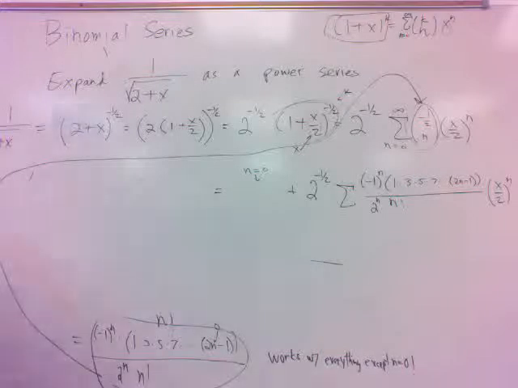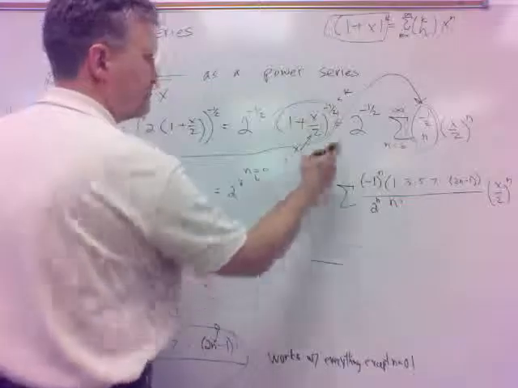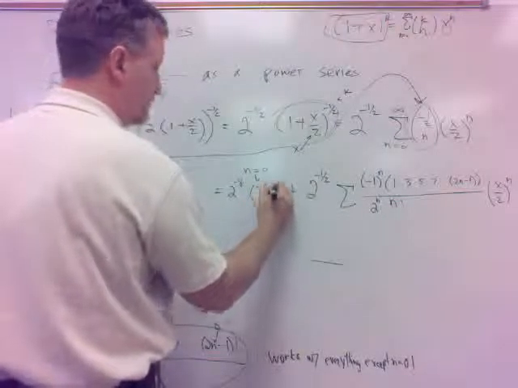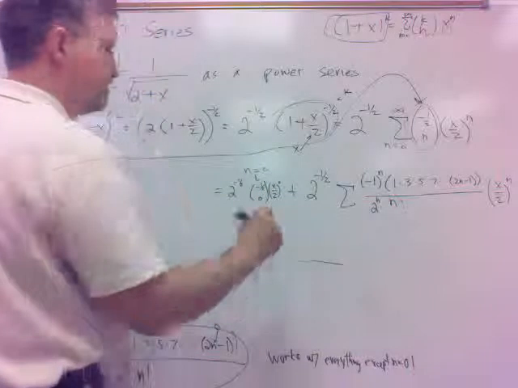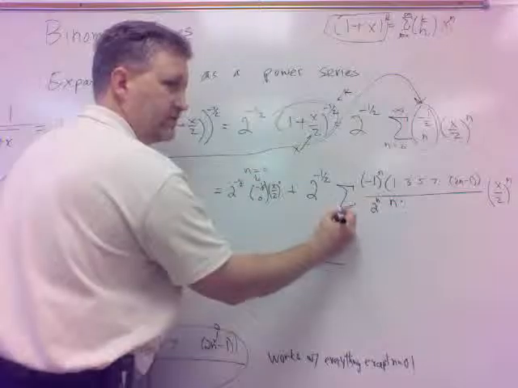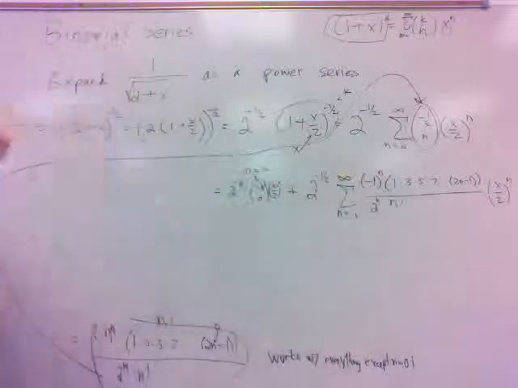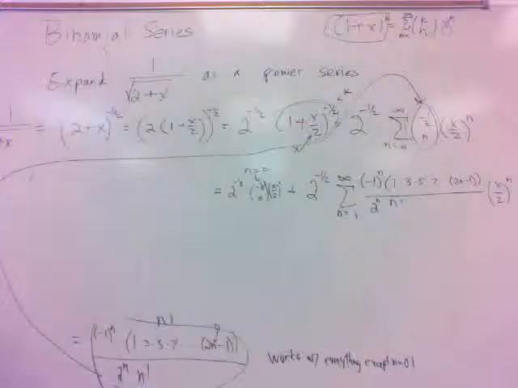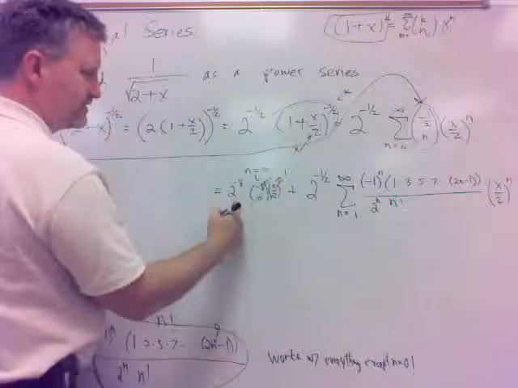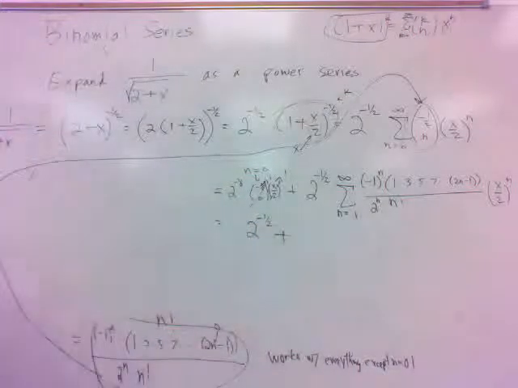If I've got n equals 0, then I'm doing 2 to the negative 1/2 times negative 1/2 choose 0, x over 2 to the 0. So I just need to do that separate term, and this term comes out to be n equals 1 to infinity. So I have to make a little bit of an adjustment there because it doesn't work with n equals 0. All right, well that's 1, that's 1. So the first term is just 2 to the negative 1/2.